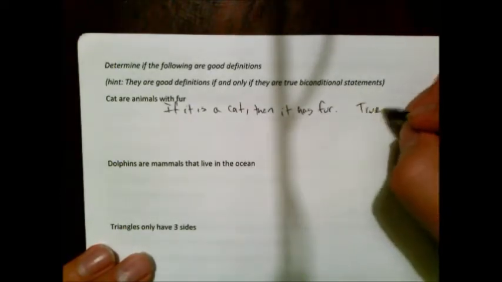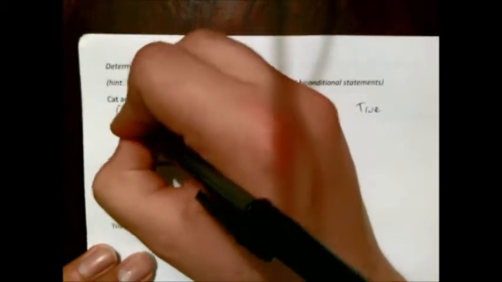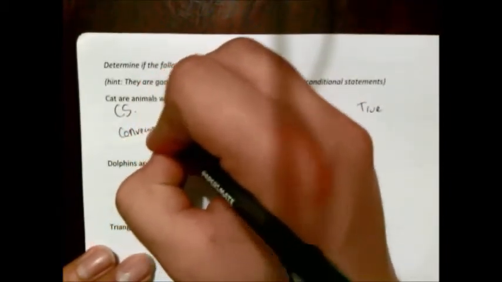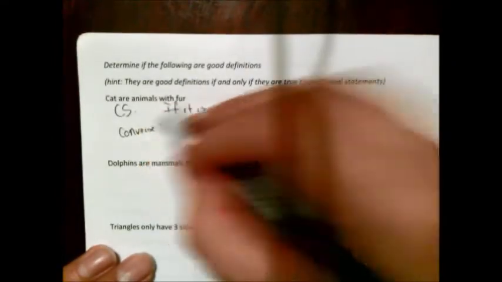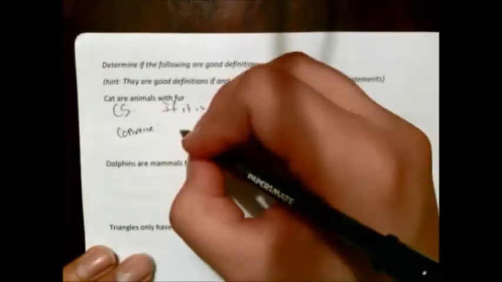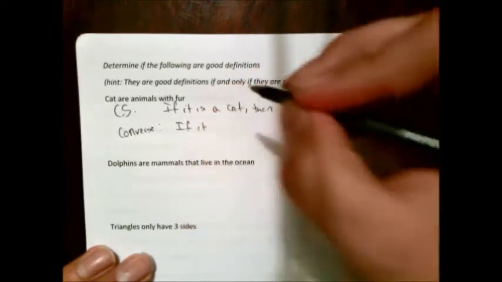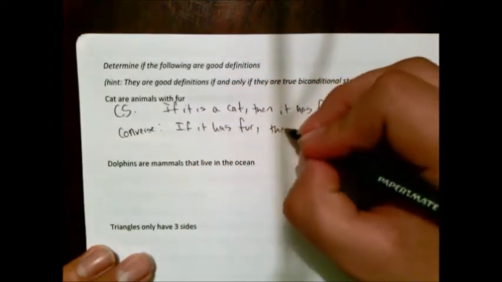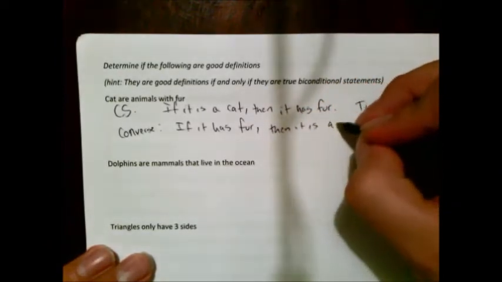True. That's a conditional statement. Converse. Remember, you cannot make a biconditional without both of these being true. Converse is if it has fur, then it is a cat.